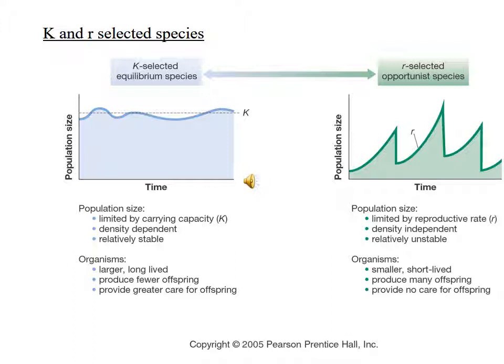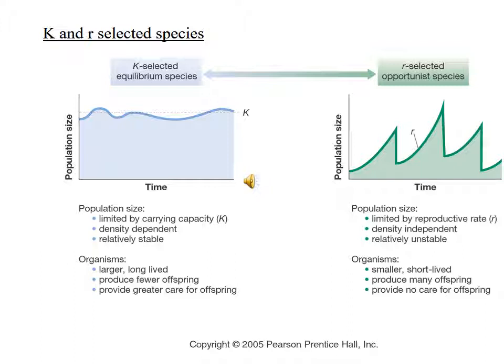First of all, for K-selected species, the population size is going to be dependent very greatly on the carrying capacity. Secondly, it's going to be influenced greatly by the density of the population. As the population increases, factors come into being that force the population to decrease.